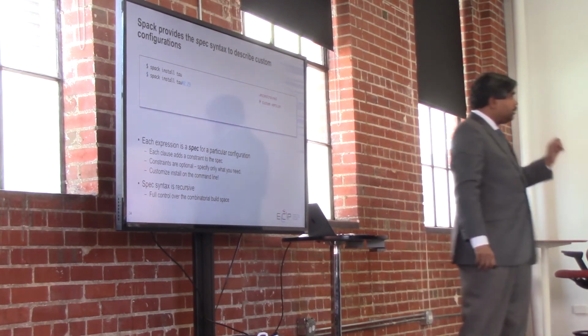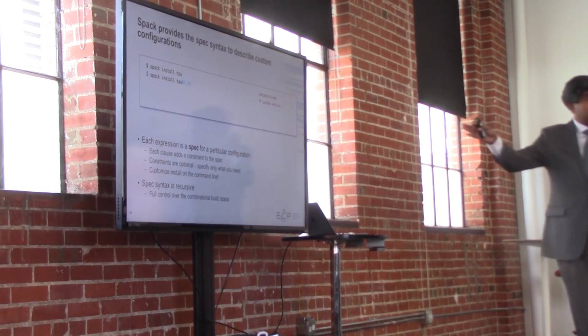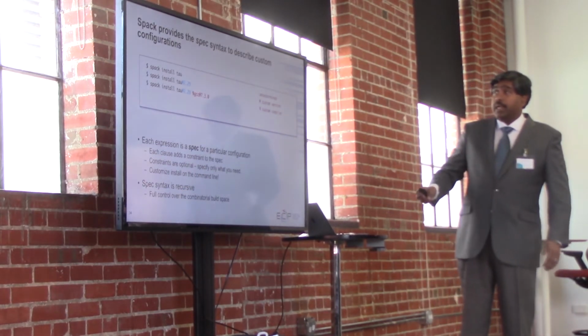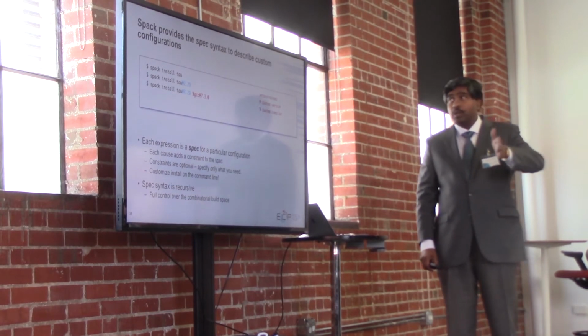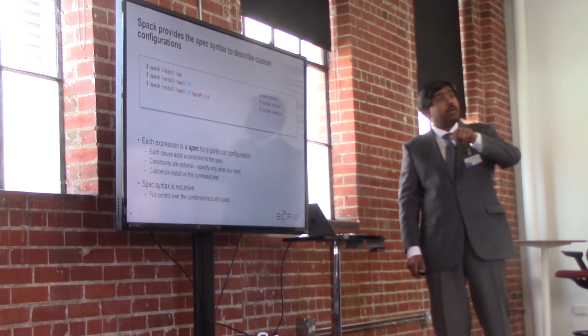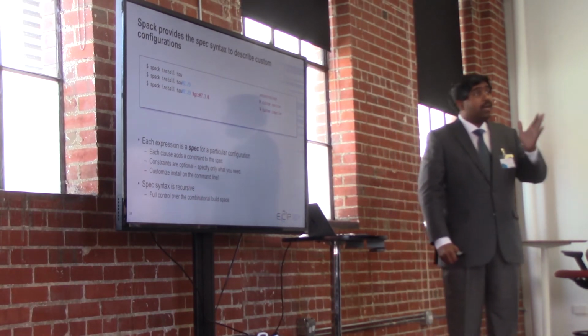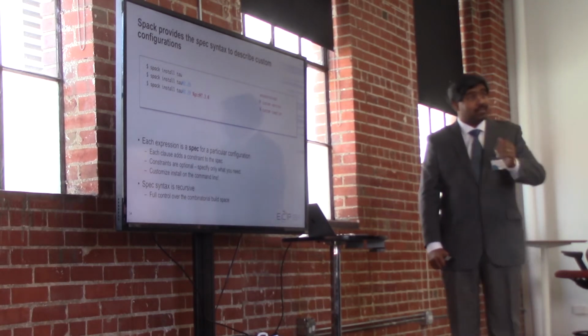Now you can specify a custom version. I can say SPAC install tau at 2.29. By the way, this version was just released this week for supercomputing. You can say SPAC install 2.29 version of tau, but use GCC 7.3.0, and there's a percentage. So SPAC understands versions, SPAC understands compilers.